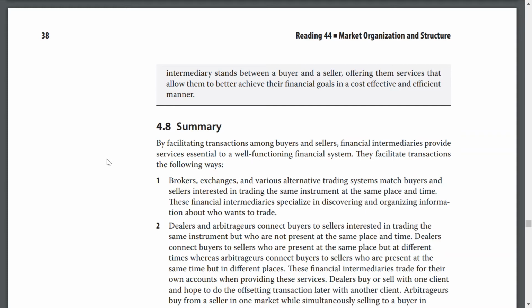They facilitate transactions in the following ways. Brokers, exchanges, and various alternative trading systems match buyers and sellers interested in trading the same instruments at the same place and time. These financial intermediaries specialize in discovering and organizing information about who wants to trade.